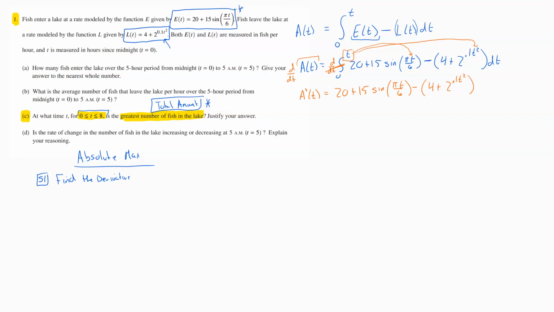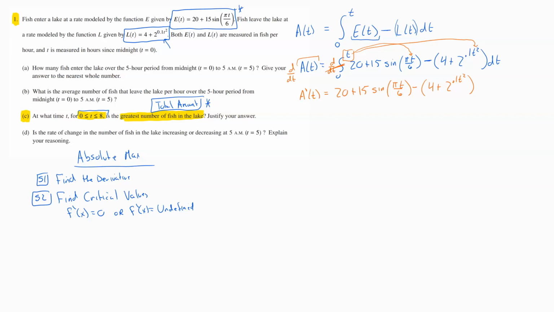And then we come back in and we say, okay, well, step 2 of the absolute max-min process is we need to find our critical values. So critical values occur when your derivative equals 0 or when your derivative is undefined. And that undefined one is usually when you've got fractions and you have to worry about division by 0.